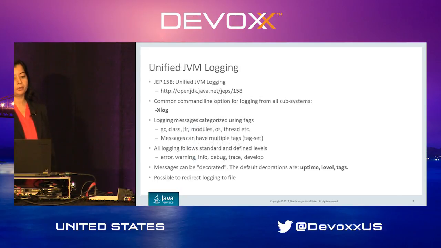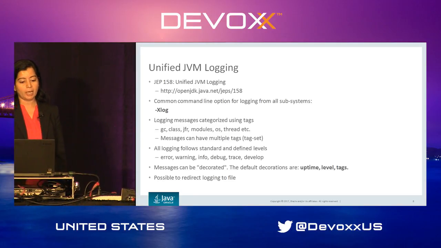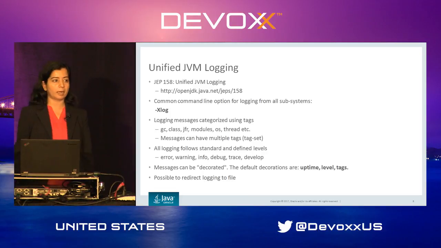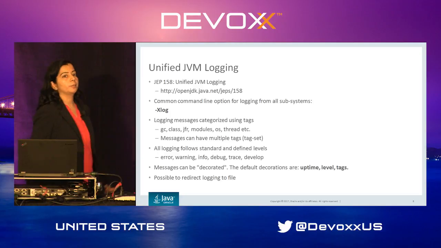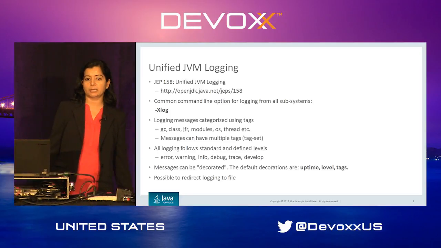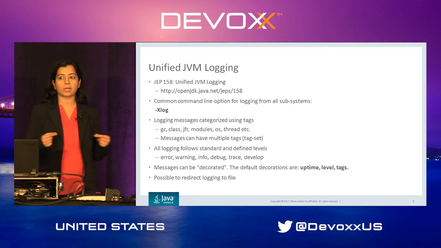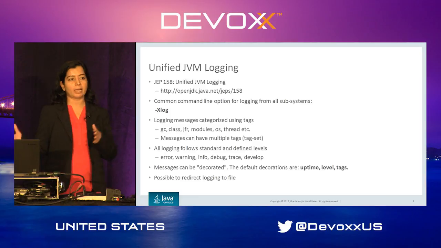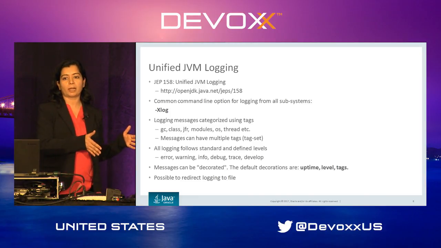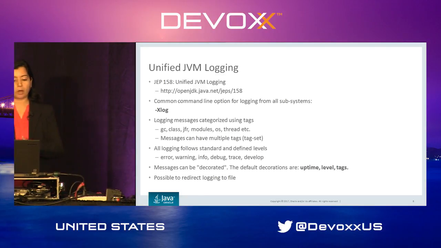Unified JVM Logging Framework, JEP 158, was the proposal to add this new framework into JDK 9. It adds a new command line option, -Xlog. And with this, there are some tags added into various parts of the JVM, representing different parts of the JVM, that can be used along with this command line option to fine-tune the information we want to see in the logging.